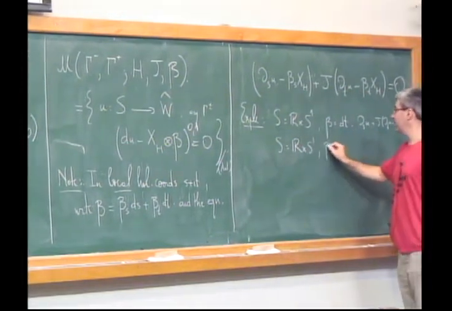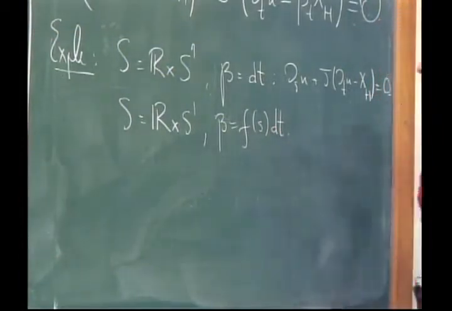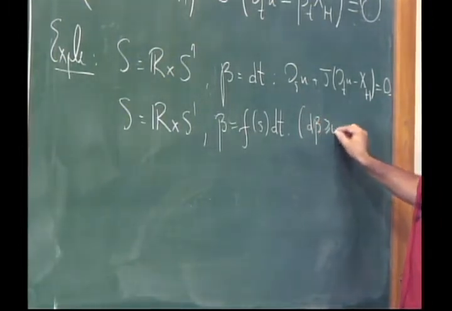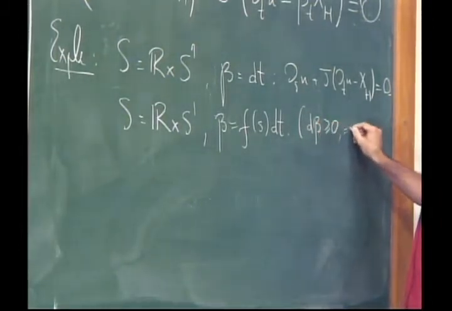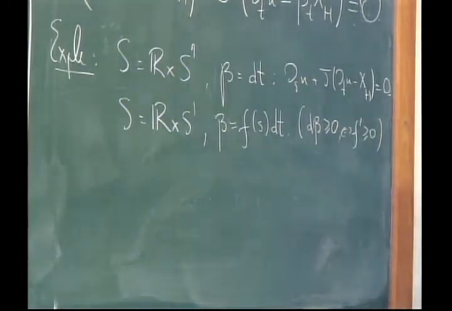So you take beta to be f of s dt, and you see that d beta positive amounts to the fact that f prime is positive, and that amounts to an increasing homotopy, which is compatible with what we saw yesterday.